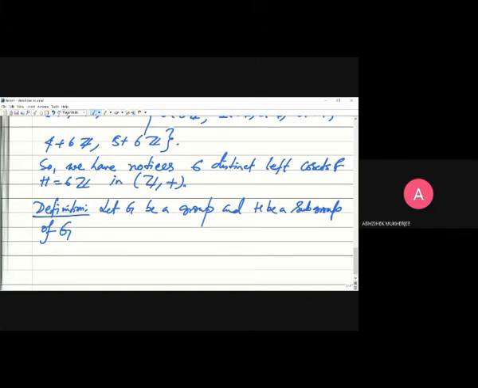So you are considering any group. It may be finite, it may be infinite, whatever it is, and even considering one subgroup of this group.